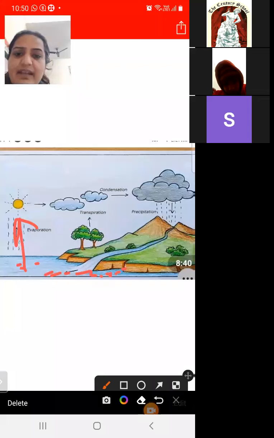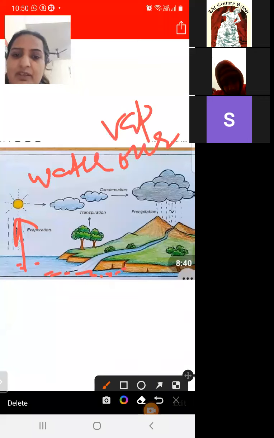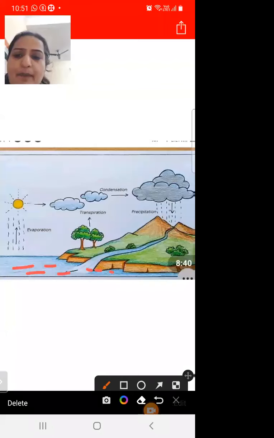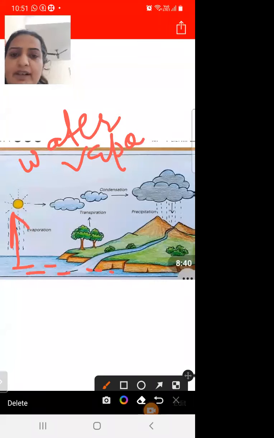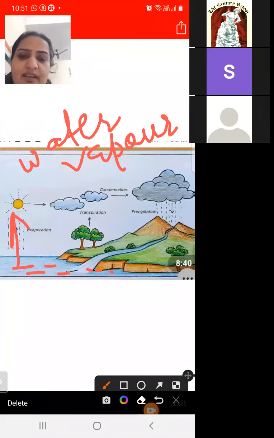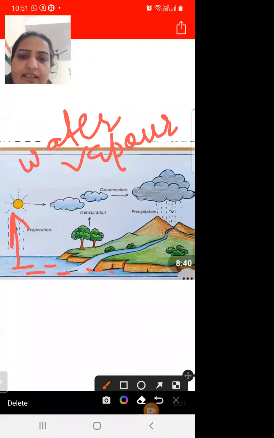And due to evaporation, this water goes into the air in the form of water vapor.